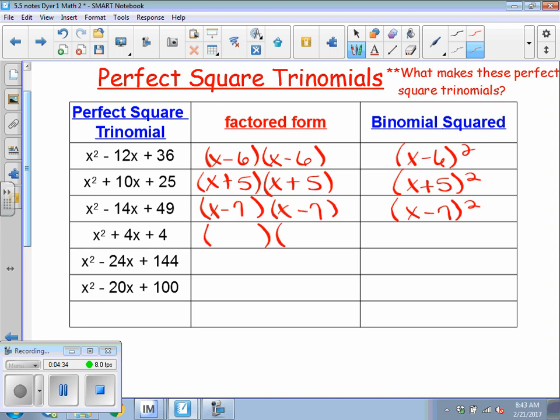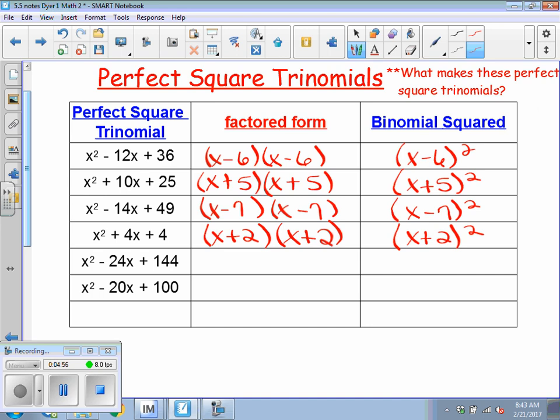So let's do the next one. X and x, and then plus 2 and plus 2. Inside gives me 2x, outside gives me 2x, combined that gives me positive 4x. So that's x plus 2 squared.